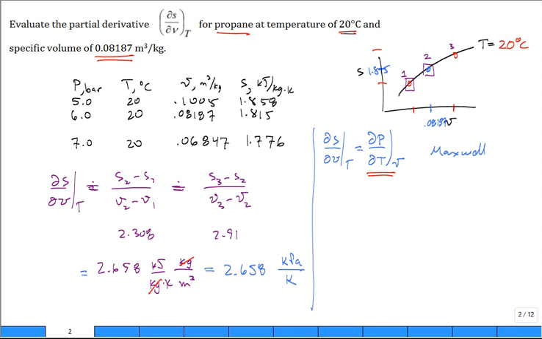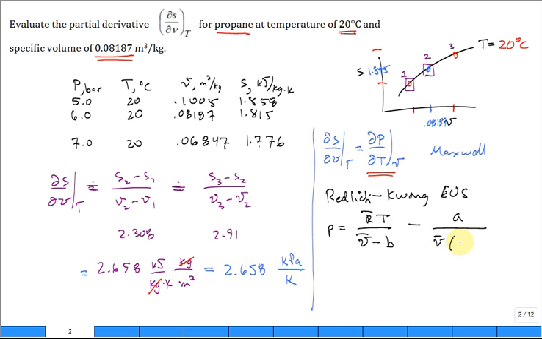Another way to do it is to say, let's go ahead and use the Redlich-Kwong equation of state, which is given by P is equal to R bar T divided by V bar minus B, minus A divided by V bar times V bar plus B times T to the 1/2.